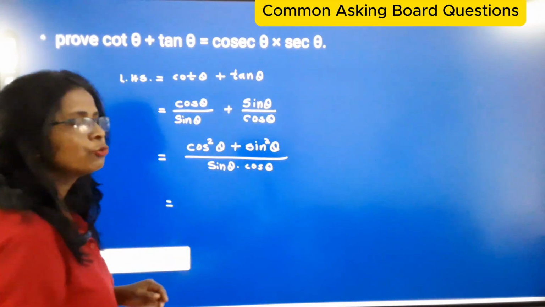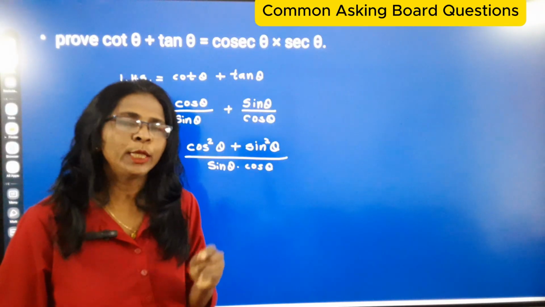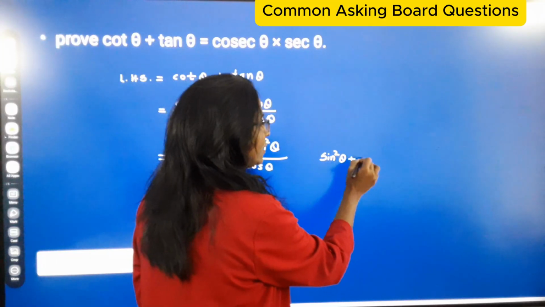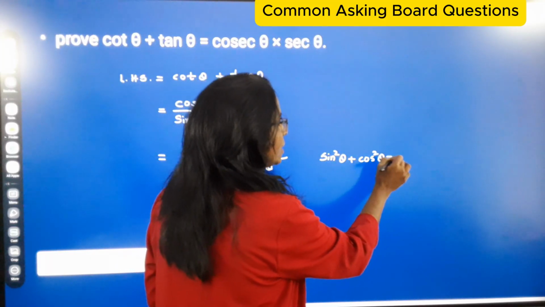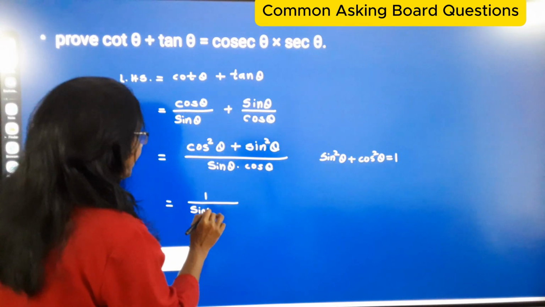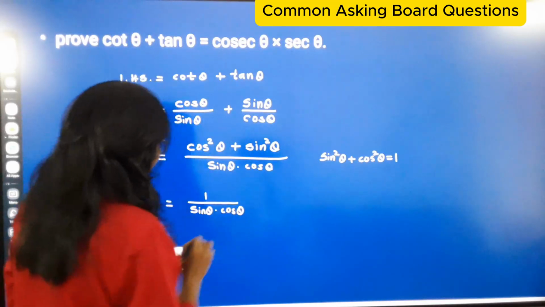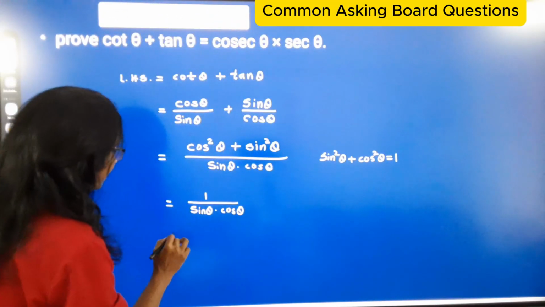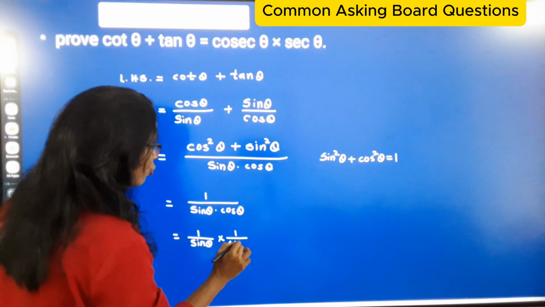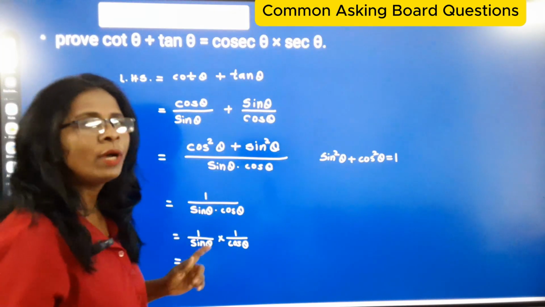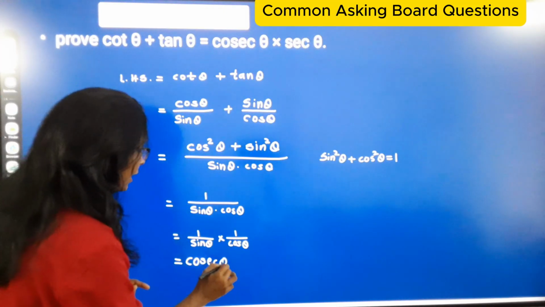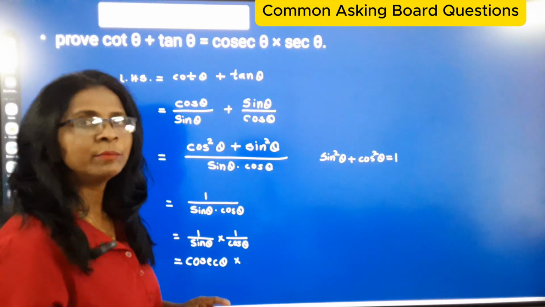That means cos square theta plus sin square theta upon sin theta multiply cos theta. Now students, we know the first identity of trigonometry, which says that sin square theta plus cos square theta is equal to 1. So we write 1 upon sin theta multiply cos theta, that is 1 upon sin theta multiply 1 upon cos theta. 1 upon sin theta means cosec theta, multiply 1 upon cos theta, which means sec theta.